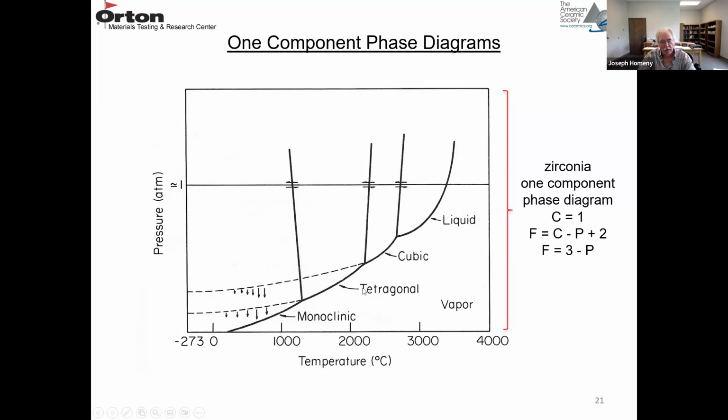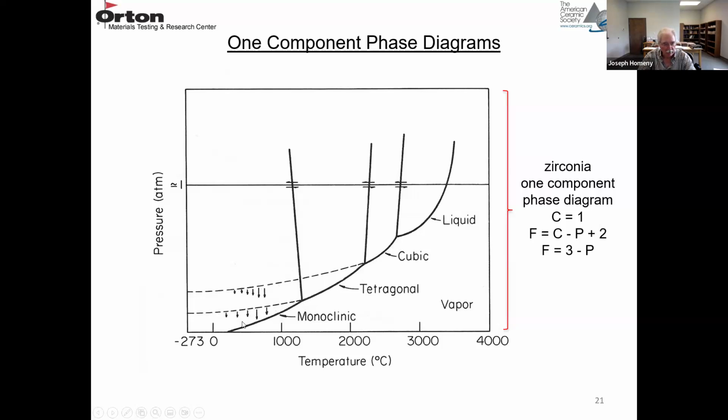So monoclinic to tetragonal to cubic are all displacive phase transformations. And again, you see these dotted lines for the metastable conditions. So it's possible to cool this down from the cubic phase and still remain cubic. And it's possible to cool down from the tetragonal phase and still remain tetragonal.